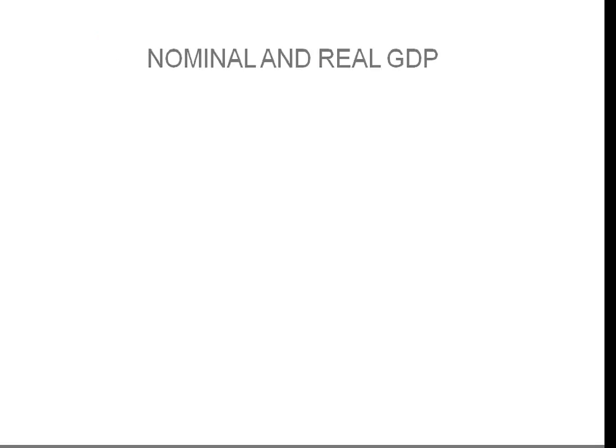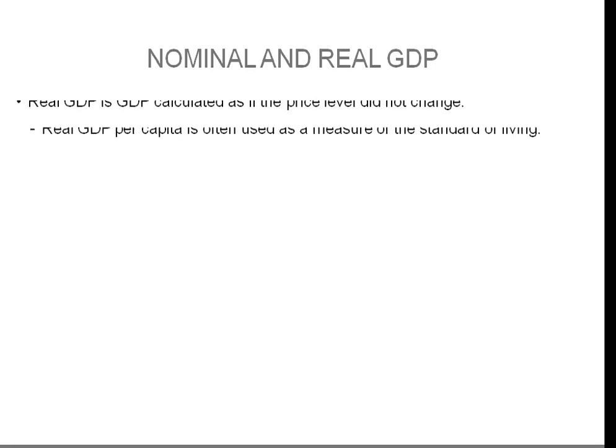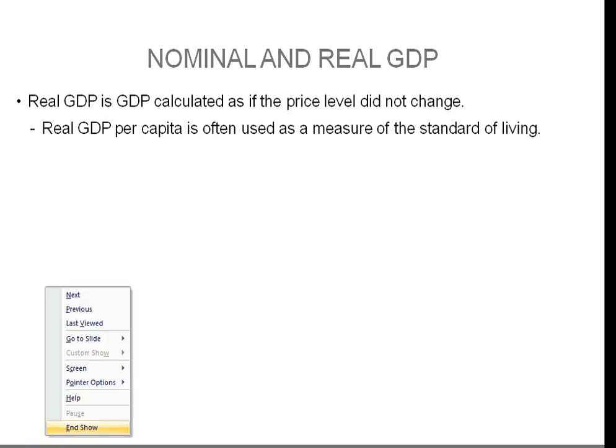Nominal versus real GDP. Real GDP is GDP calculated as if the price level did not change. When we calculate GDP, we calculate price multiplied by quantity. Quantity is the production which we have in some time period.